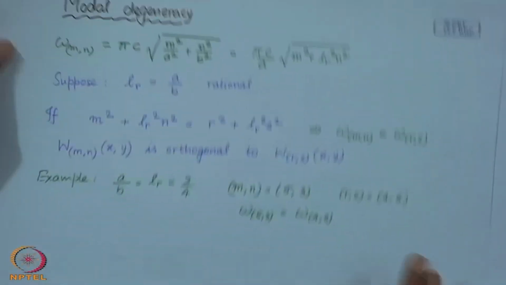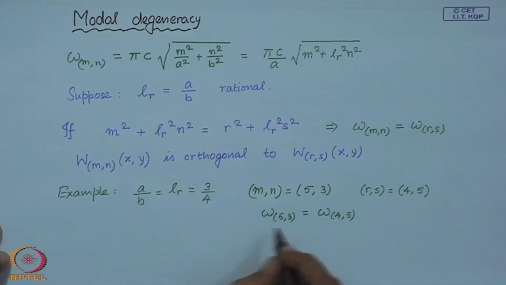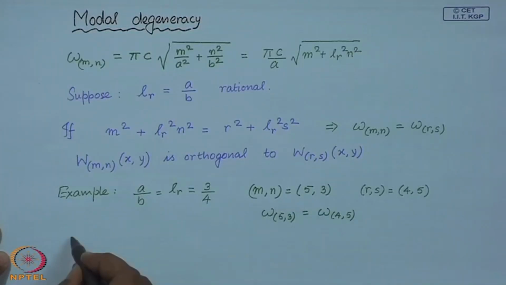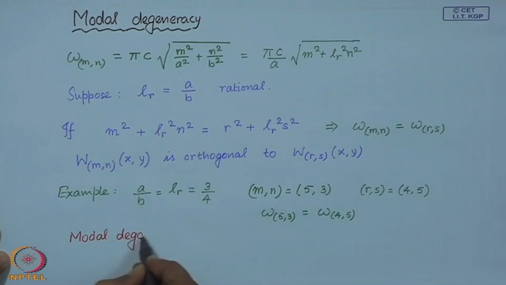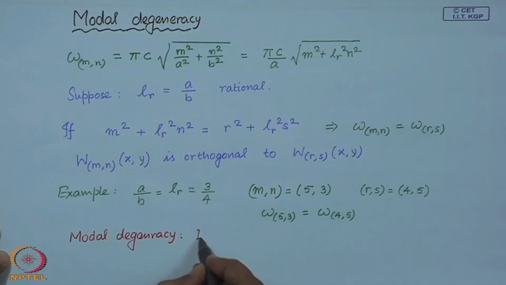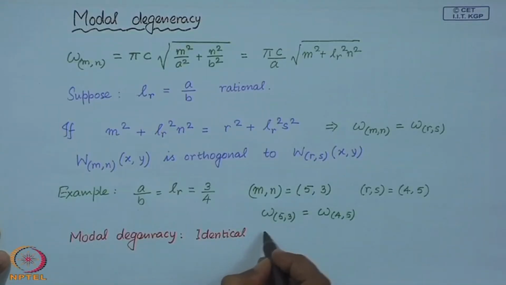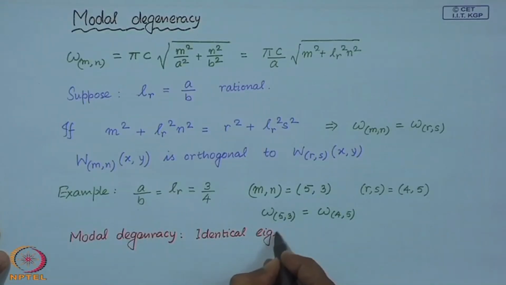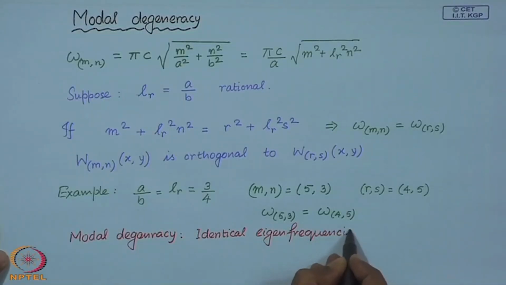So, let us understand. This is known as modal degeneracy. So, you have identical eigenfrequencies, but distinct eigenfunctions that are orthogonal.